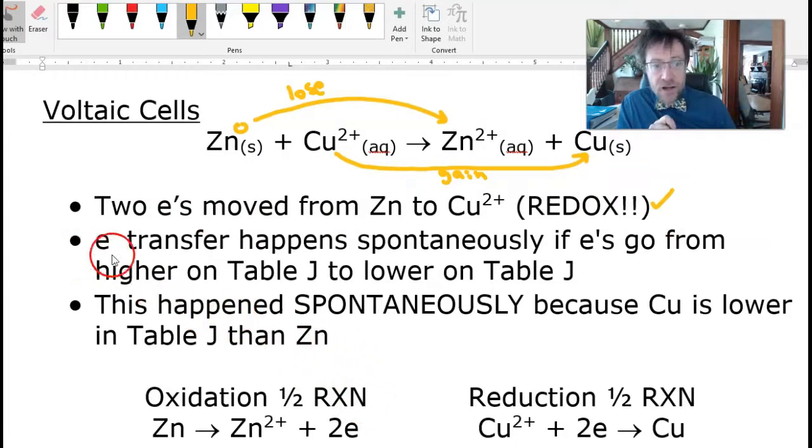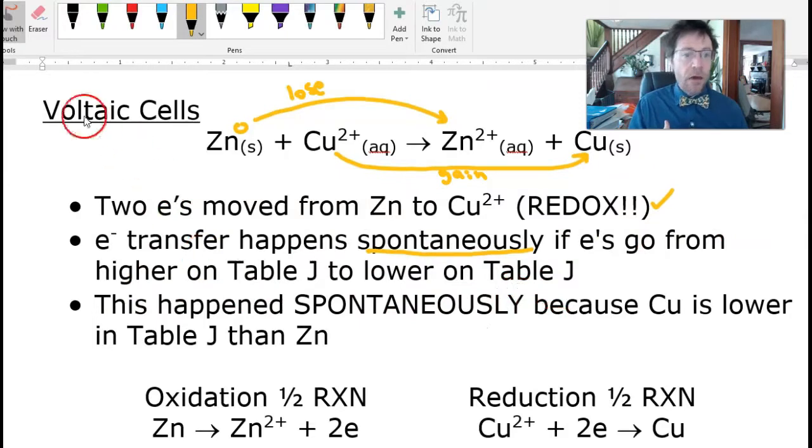Now, the electron transfers happen spontaneously, in other words, all by itself, if the electrons go from higher on table J to lower on table J. So we need to go to table J, that big, long list of elements, and look for zinc and look for copper.